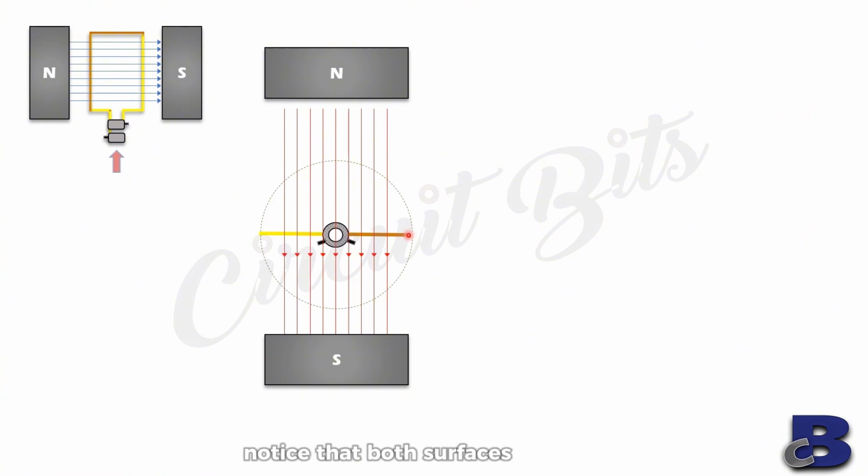Notice that both surfaces of the coil, that's this part and this part that cut through the lines of force, have gone through it, from one side out to the other side. Okay, so this part has gone from this side out to this side, and this one has gone from this side out to this side, and with further rotation, they are about to go in again, but in the opposite direction.